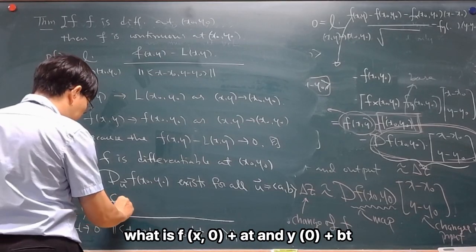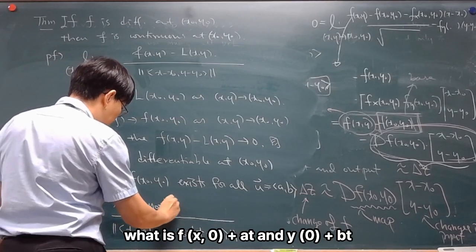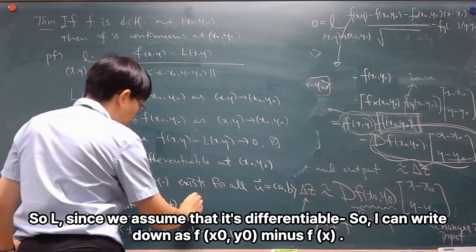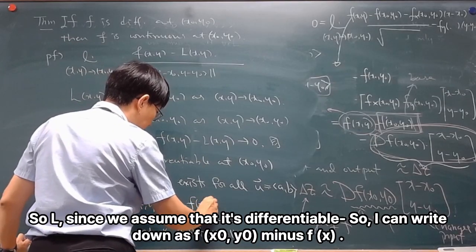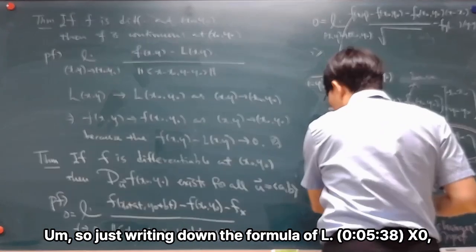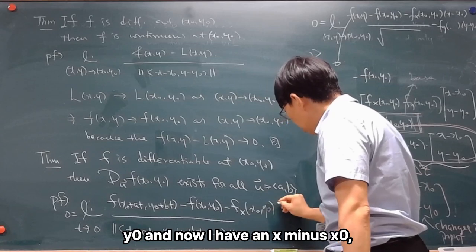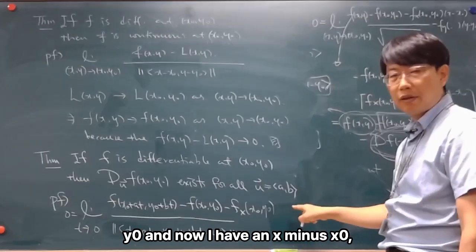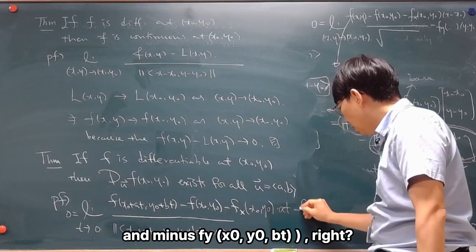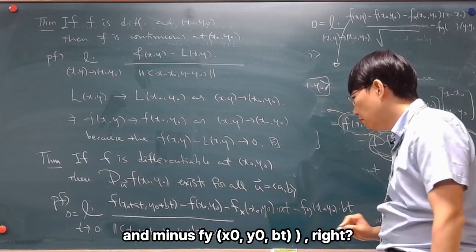So what is f(x0 + at, y0 + bt) minus L? Since we assume that it's differentiable, I can write L as f(x0,y0) plus fx(x0,y0) times (x minus x0), but x is x0 plus at, so that's a times t, plus fy(x0,y0) times bt, right?